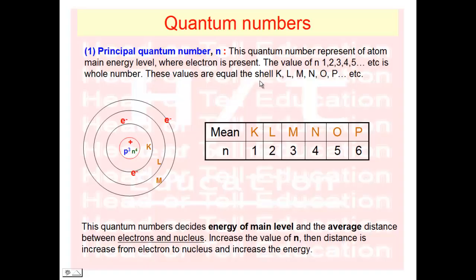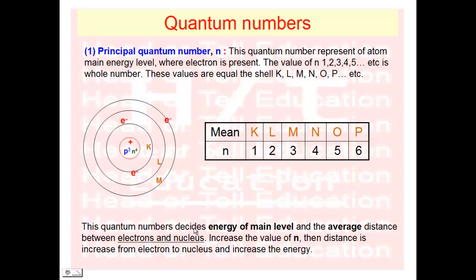These values are equal to the shells K, L, M, N, O, etc. So the energy of the atom is decided by the principal quantum number: K, L, M, N, O. This is the first K, then next L, then next M.